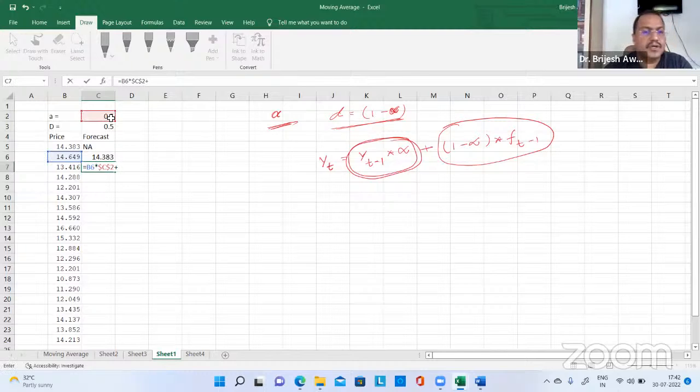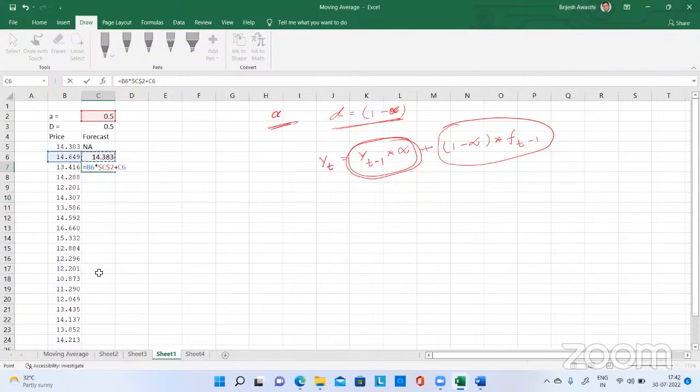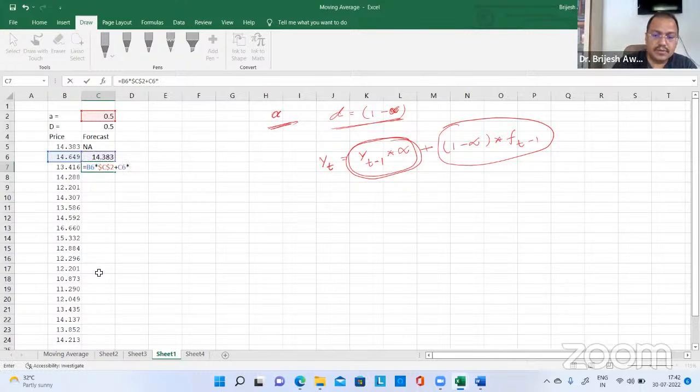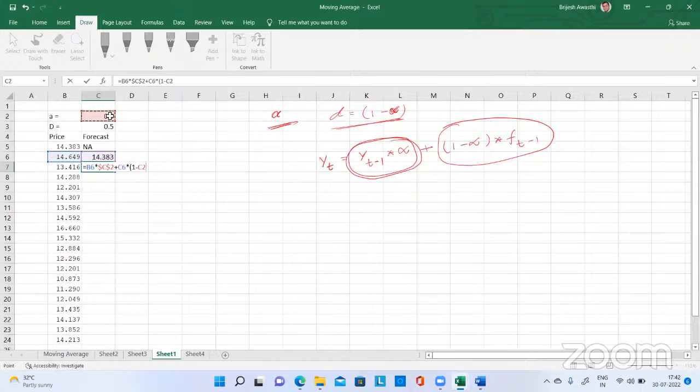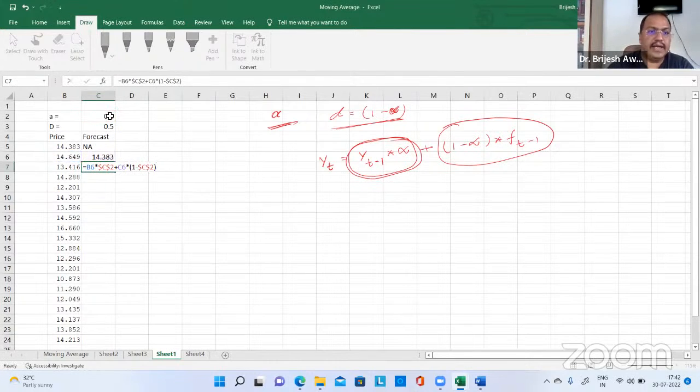Now plus the previous forecasted sale multiplied by 1 minus alpha. Can I write 1 minus alpha? Alpha means 0.5, right? And just close and enter.